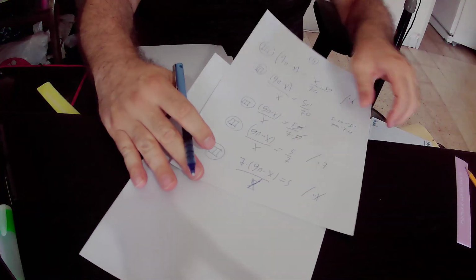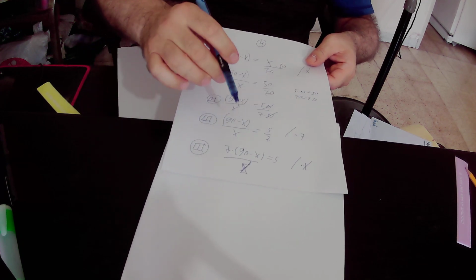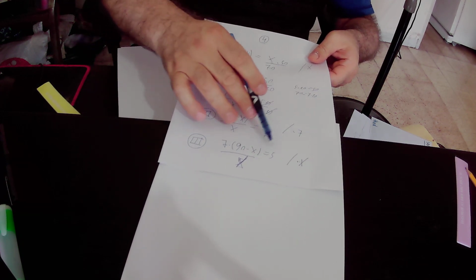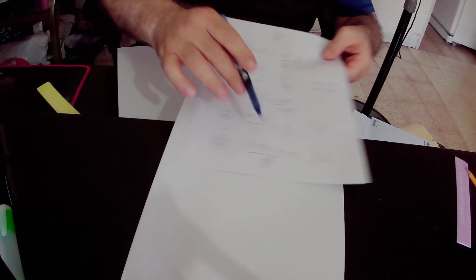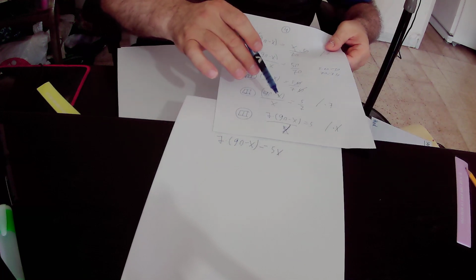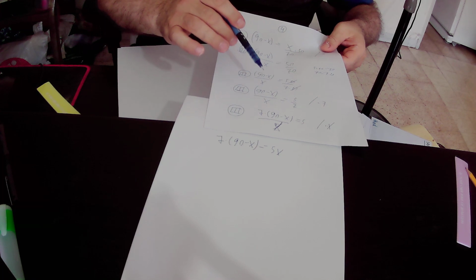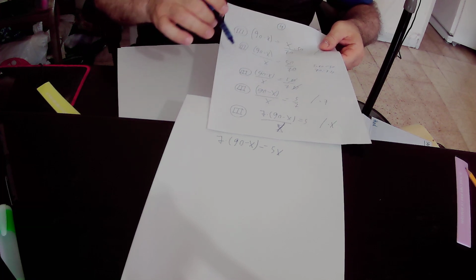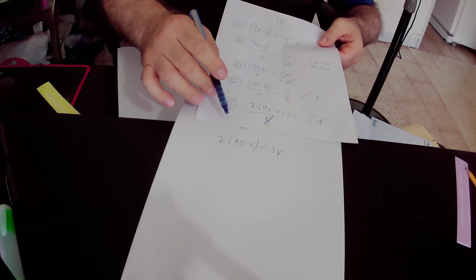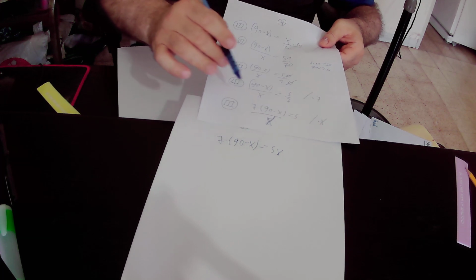So after we multiply both sides of the equation by x, we got 5 times x is 5x, and 7 times (90 minus x) divided by x times x equals 7 times (90 minus x).